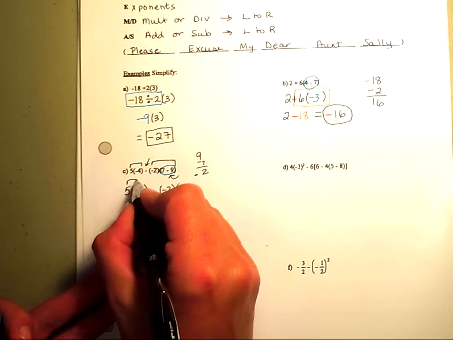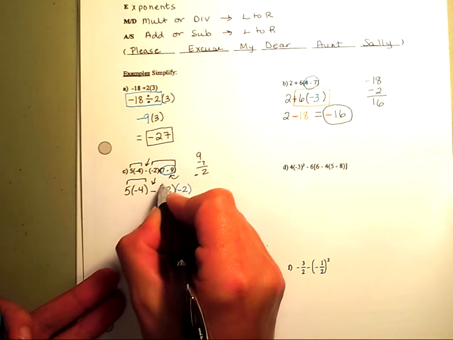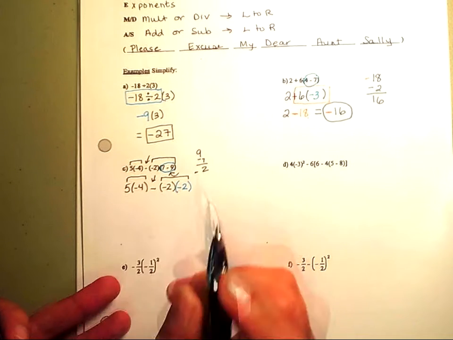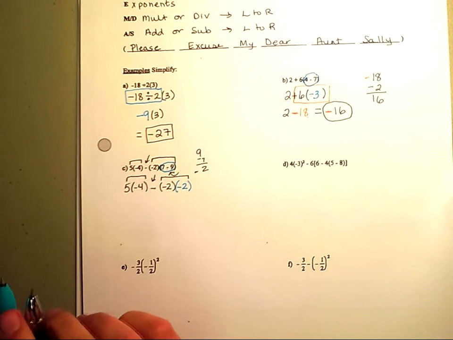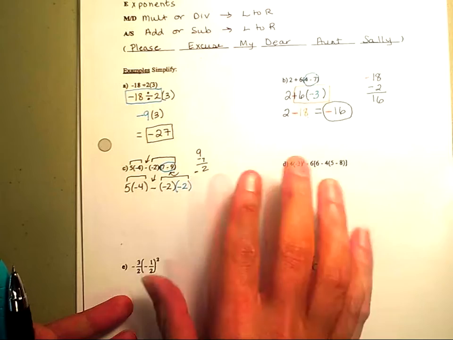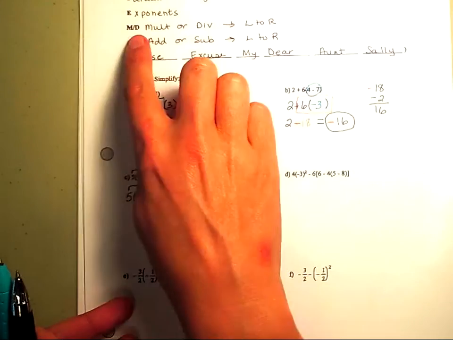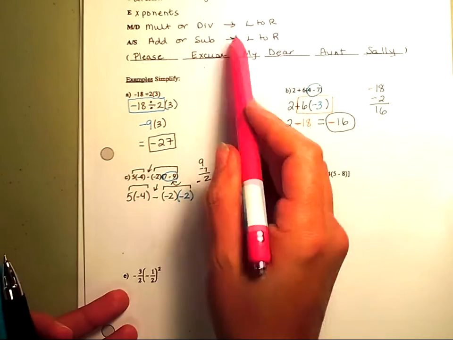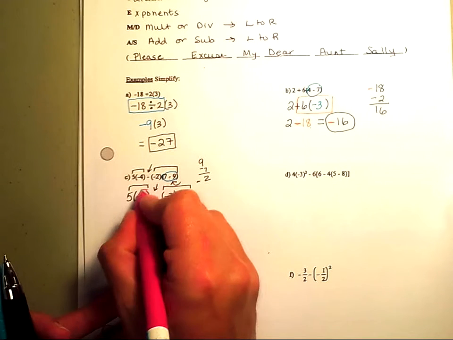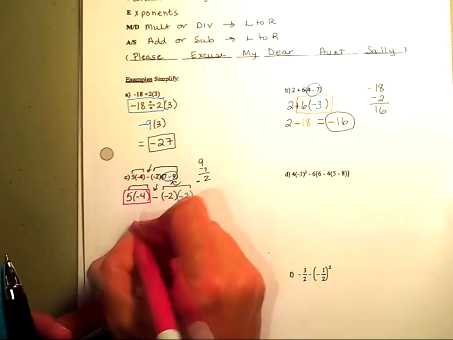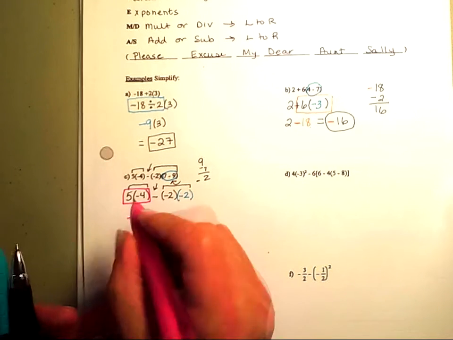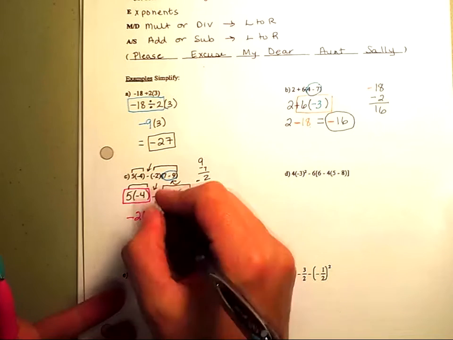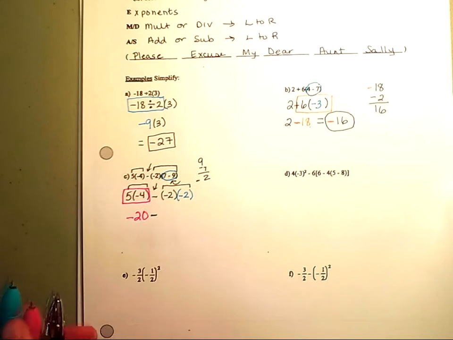Now we still have multiplication, a subtraction, and a multiplication. There are no exponents, so we can move on to the multiplication and division. We'll do these left to right as they come. So 5 times negative 4 is negative 20. The subtraction will come down.